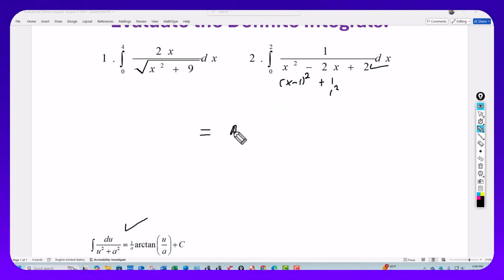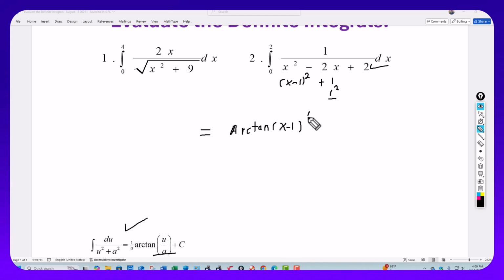All I'm going to do then is say, okay, this is going to equal arc tangent. Can also call it tangent inverse or inverse tangent. Arc tangent. And you look at the formula here, it's u over a. In our case, u is x minus 1. So it's x minus 1 over a. But a is 1 right here. So that's still going to give me x minus 1.